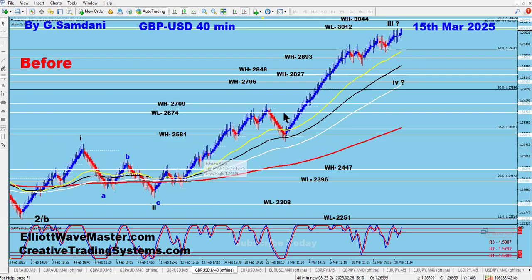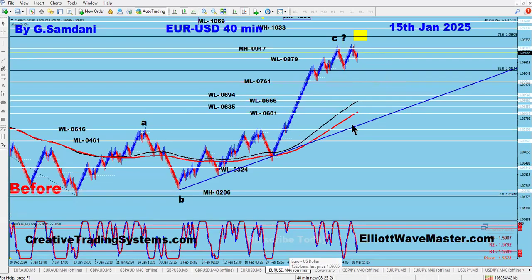One, ABC, two, and then this thing just kept going. So 40-minute Pound USD is way to the upside, needs a retracement, definitely, right? And similarly, Euro USD also, it's not that bad, but still it's a big move and needs a retracement. Maybe it's 1, 2, or ABC, 1, 2, 3, followed by 4 and 5, whatever, but it needs a retracement.